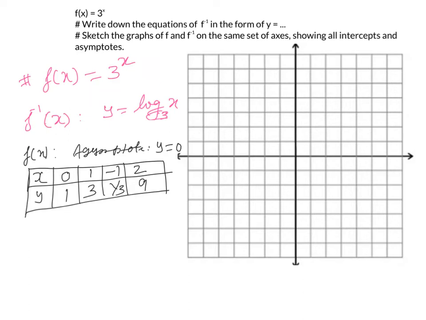Now, let us plot these points on the graph. 0, 1. Then we have 1, 3. Then we have negative 1, 1 over 3, maybe somewhere here. And 2, 9: this is 1, 2, 3, up to 9, it will be somewhere here.